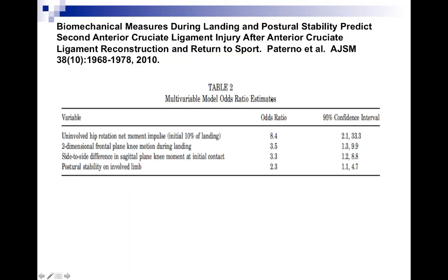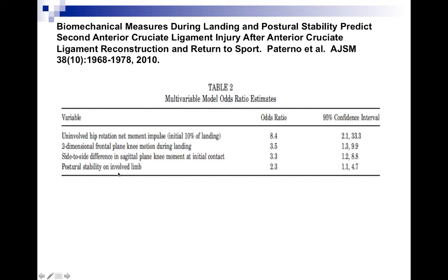So here's a good example. In the study that we were looking at, they looked at a variety of neuromuscular factors that predict a second injury after a return to play. The factors are listed here. We note there are 4 listed factors, and we can see that hip rotation in net impulse had an odds ratio of 8.4 times.